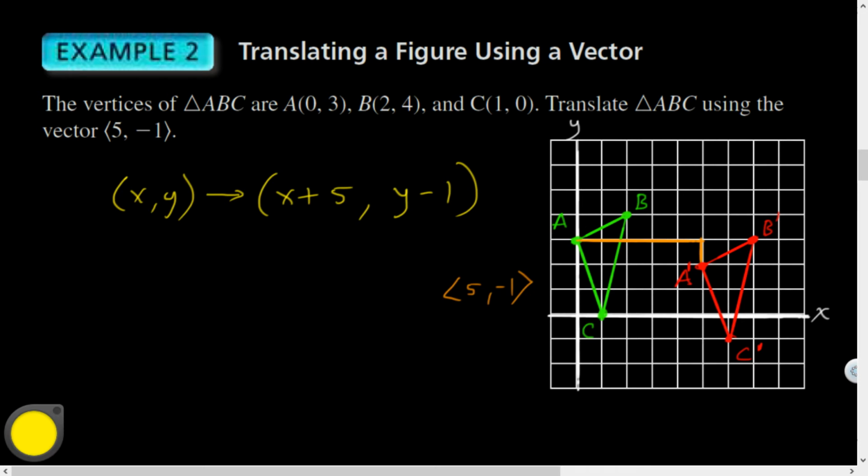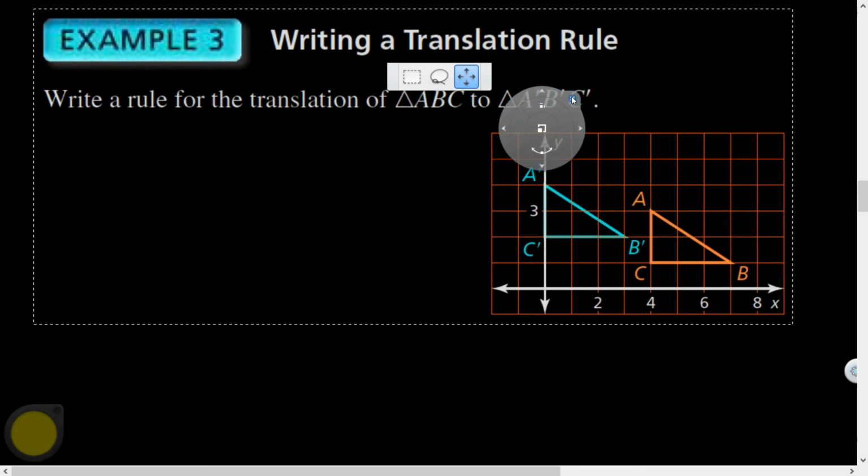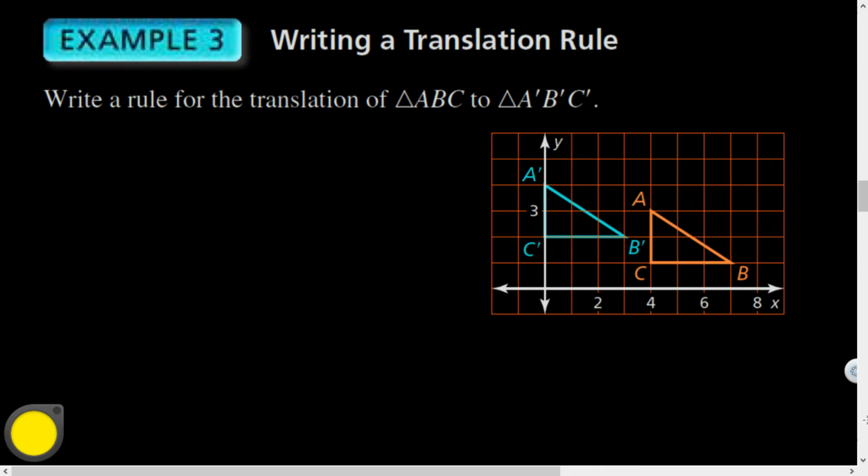Let's see. I'm so glad we don't have to redraw this next example from scratch. Here we go. Example 3. Write a rule for the translation of triangle ABC to triangle A prime, B prime, C prime. This time it's actually moving backwards, if you want to think about it like that.